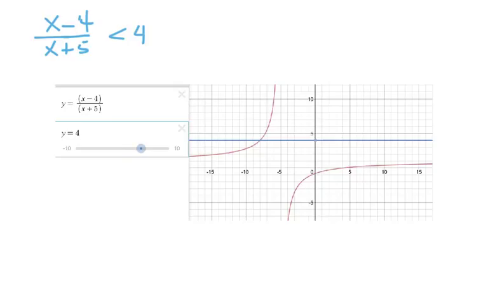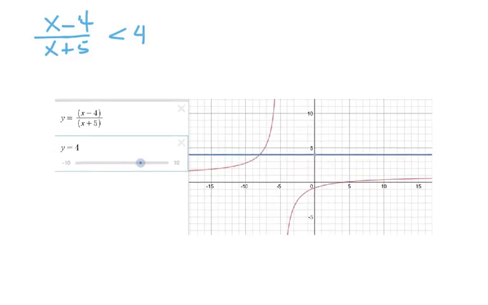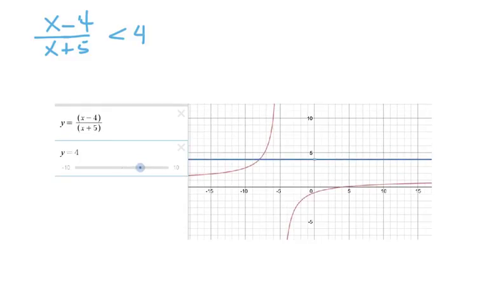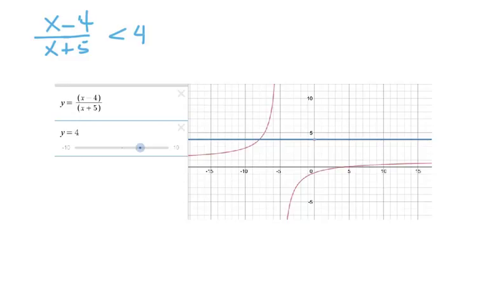And as you can see, this is where the function drops below. This is where the function at negative 8 drops below y equals 4.